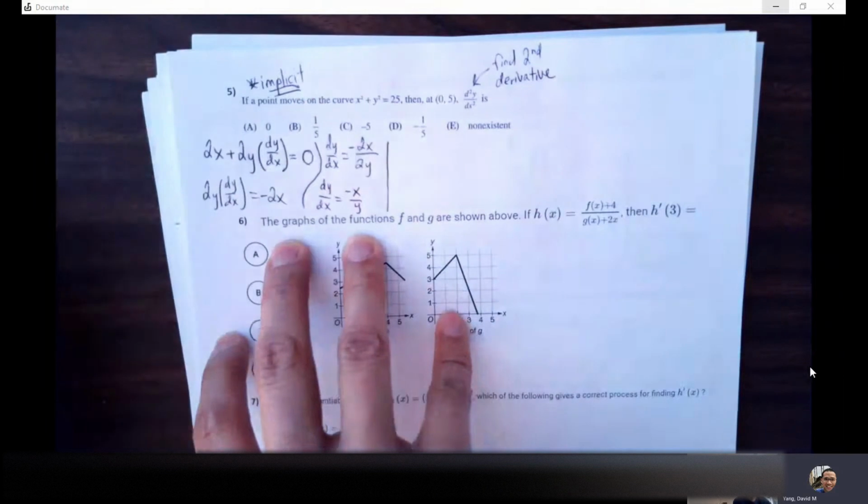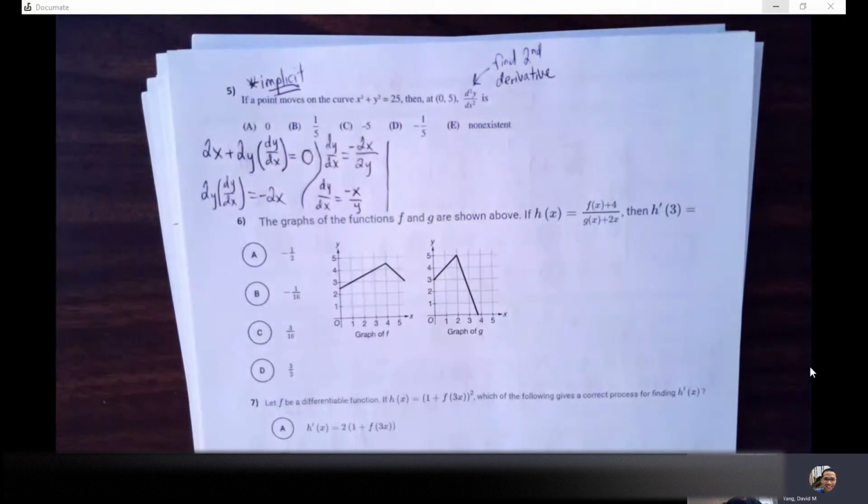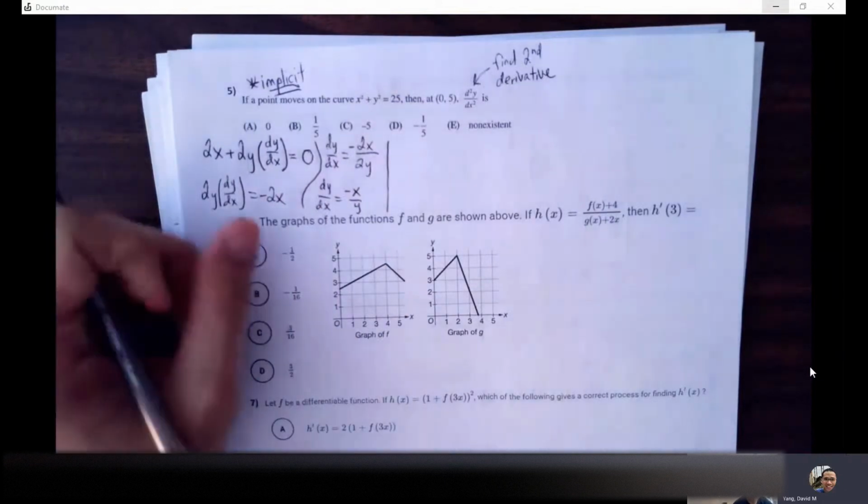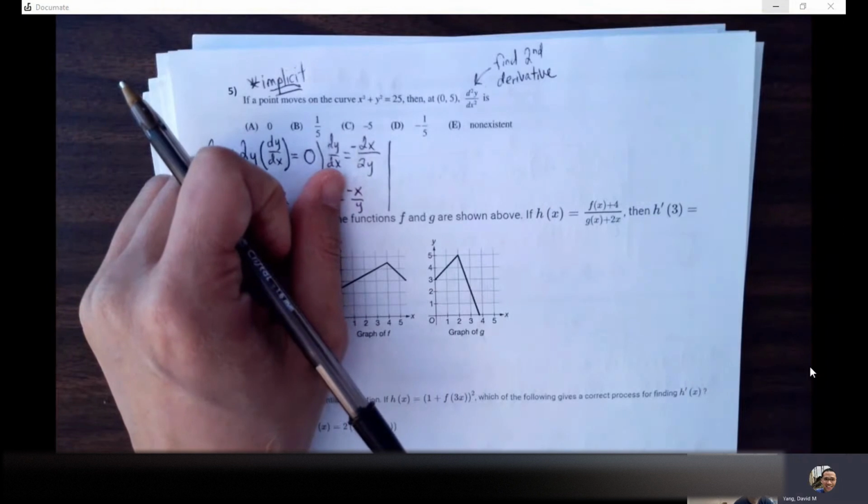So I'm halfway there. My derivative is negative x over y. Now I want to find the second derivative. To find the second derivative, I have to decide: I've got to go through quotient rule because I have a numerator and denominator, and I've got to go through another set of implicit differentiation because I have y's involved in my equation.